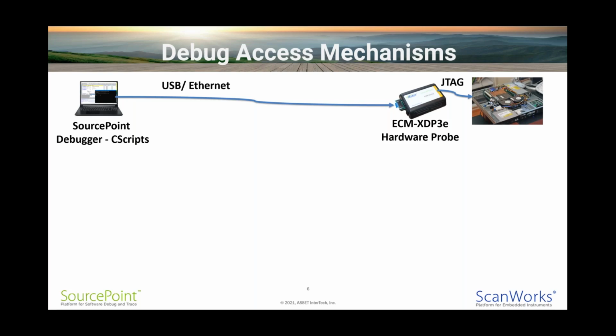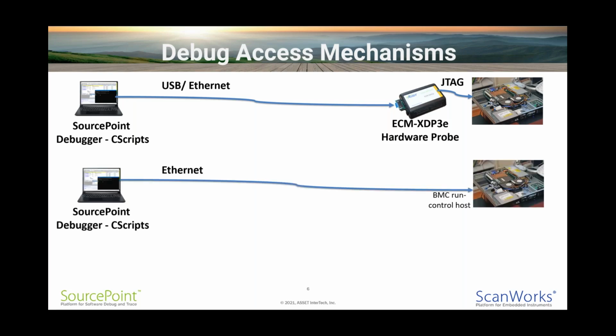As you move into the embedded realm and put the run control and JTAG firmware in the BMC, the BMC acts as a run control host, and we eliminate the need for the hardware probe. And so that gives you some benefits of scalability.